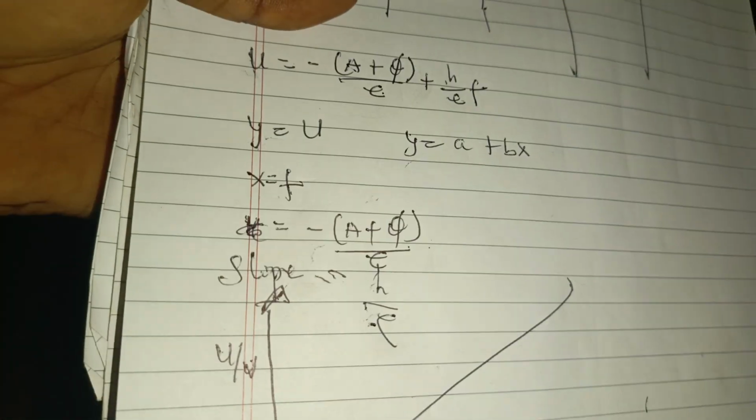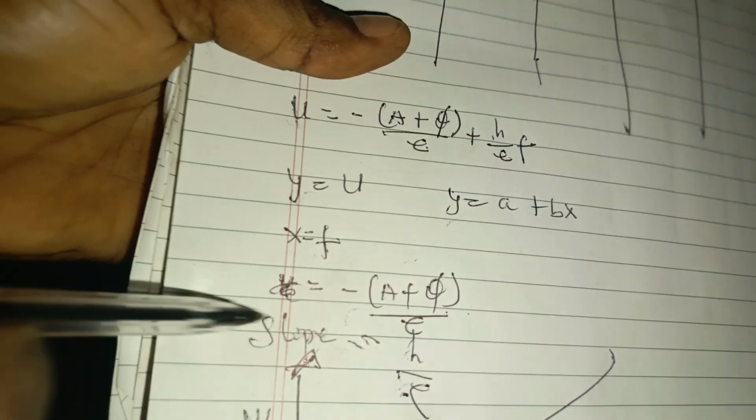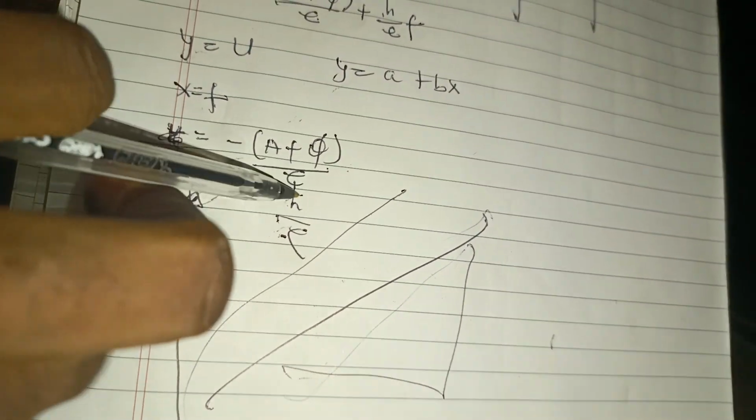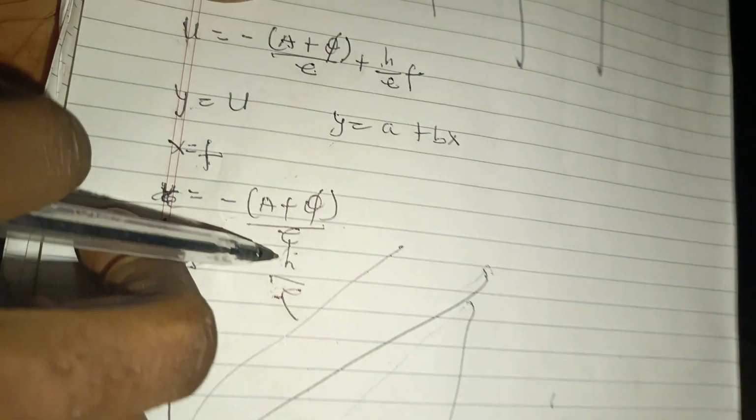And then we equate the value of the slope we have in the graph to h over E. Then we can find our E.